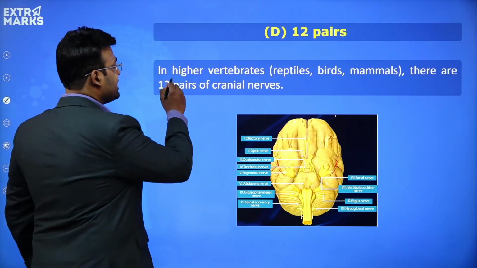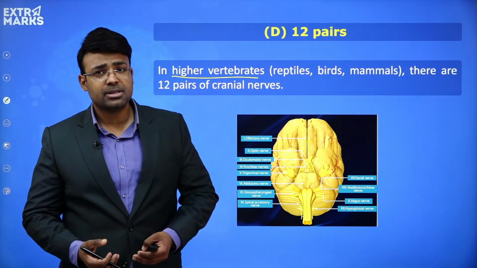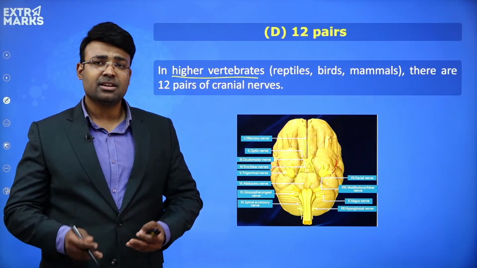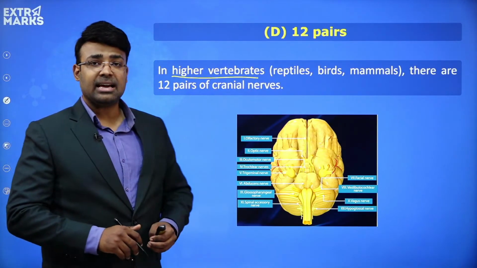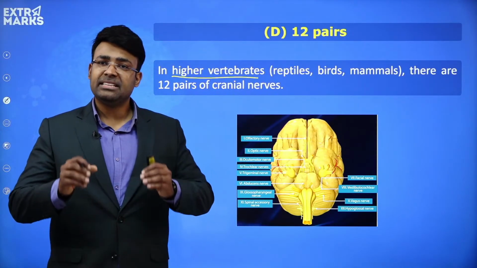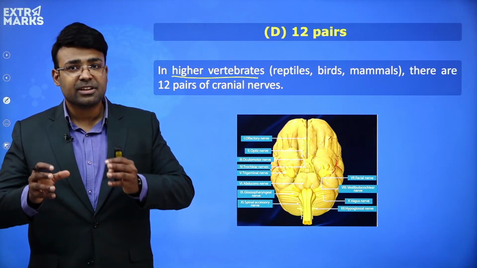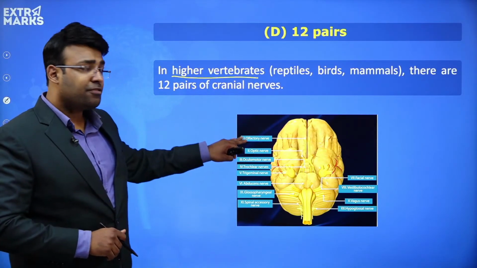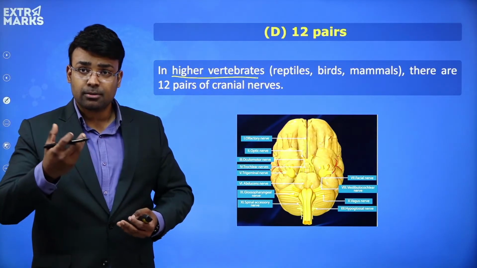Here you can see in higher vertebrates like reptiles, birds and mammals, we all are higher vertebrates. Fishes and amphibians are not compared in this. So they all have 12 pairs of cranial nerves. Now what are these cranial nerves? These cranial nerves basically regulate various facial features, like the olfactory nerve, which helps in the sensation of the nose and all.